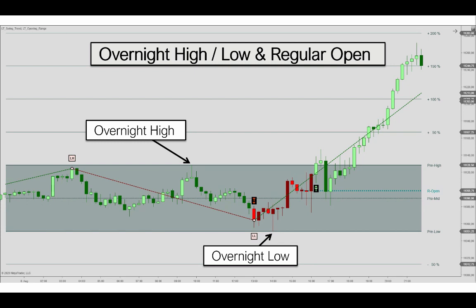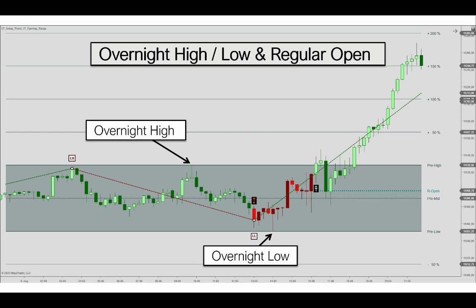Typically, once a support or resistance level is tested and then subsequently broken, it often signals a directional move. So here we have a test of the overnight high just after the open, then a retracement back down to the open, and then a breakout from the overnight high.